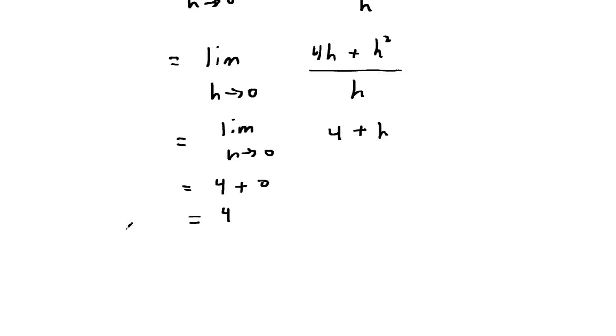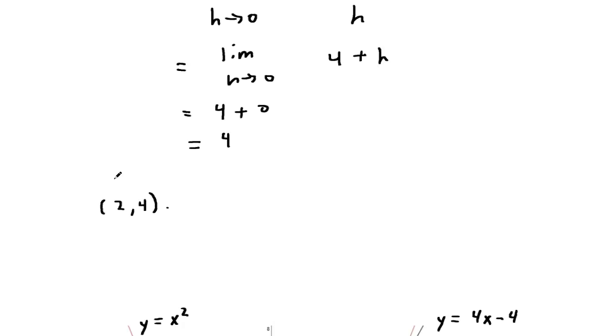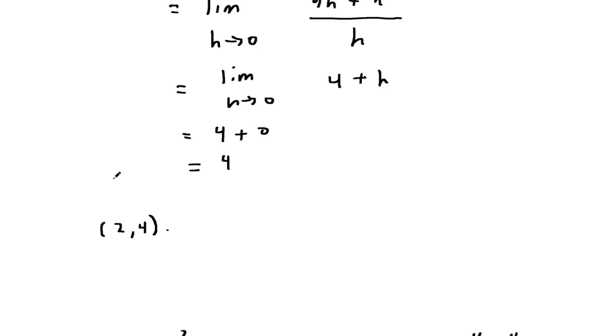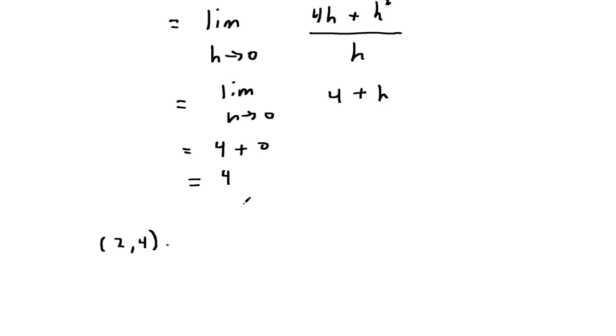Okay, now the point on the graph at x equals 2 is (2, 4). Use the point slope formula. Okay, this is the point slope formula.